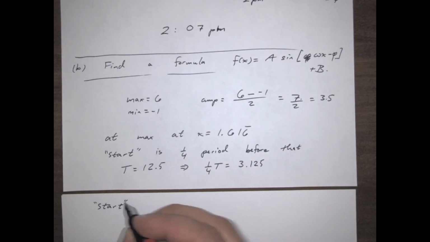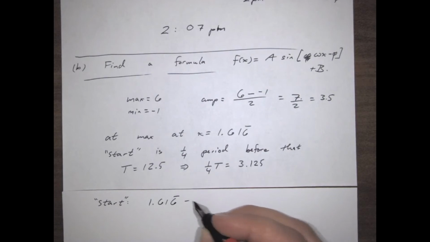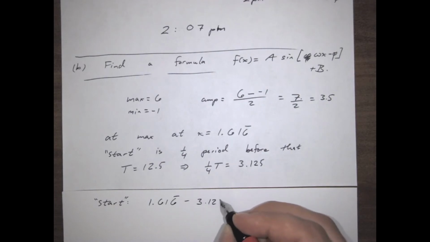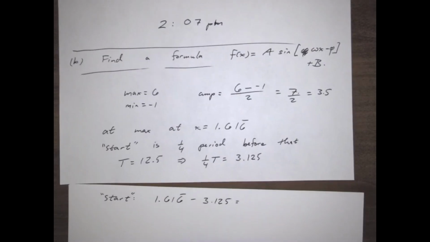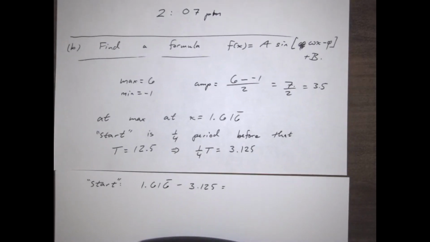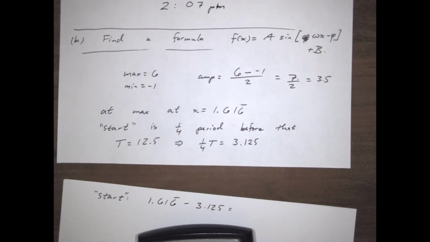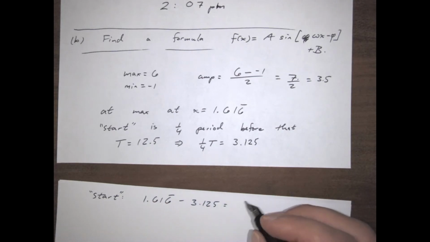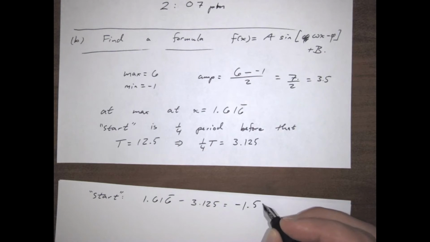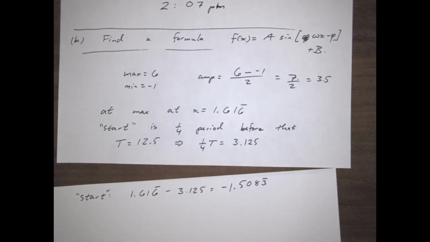Okay, so that means our starting point, the start, would be 1.616666 minus 3.125, which is going to equal, so that's the starting value, -1.508333333.